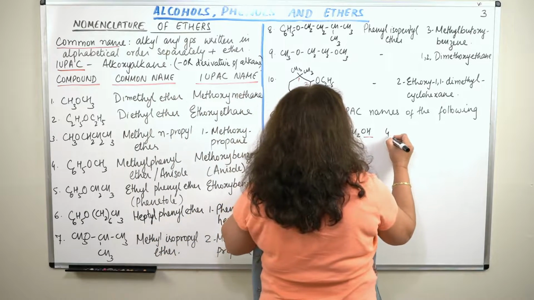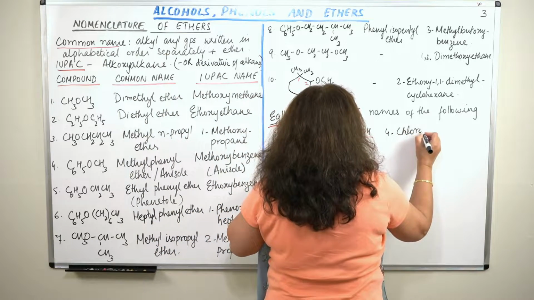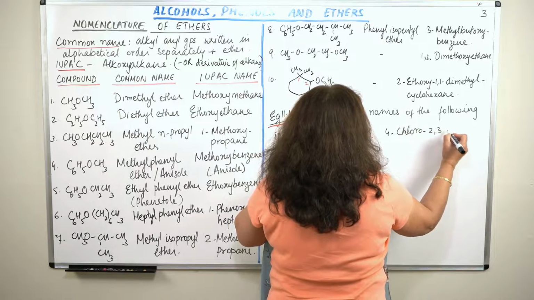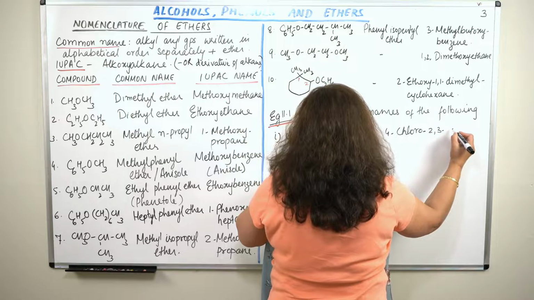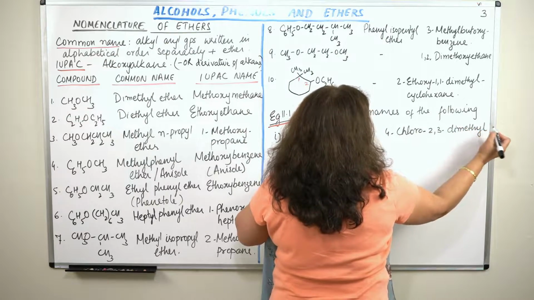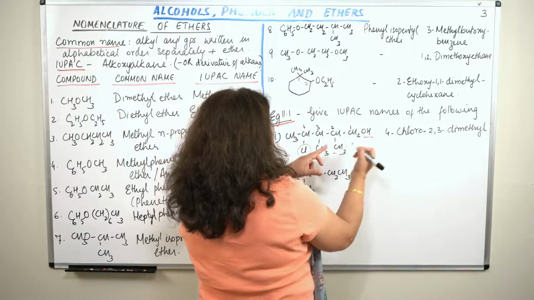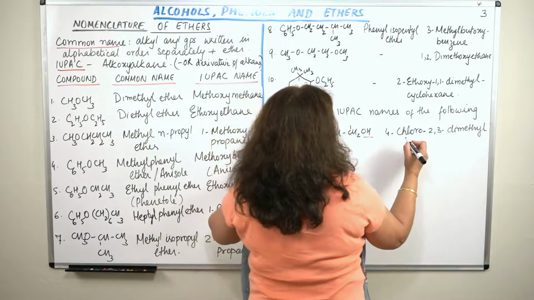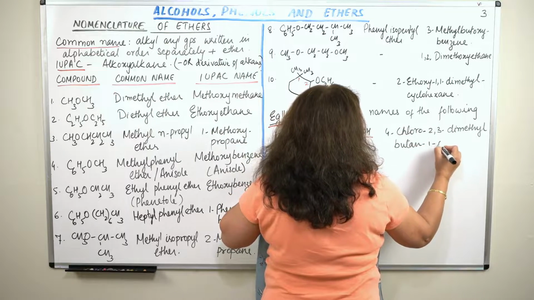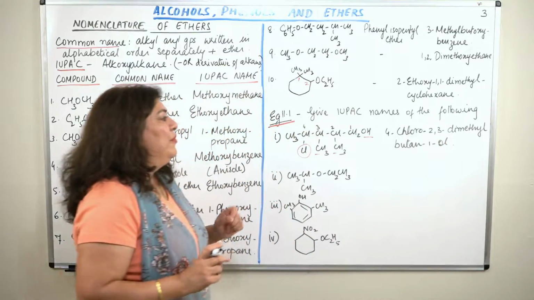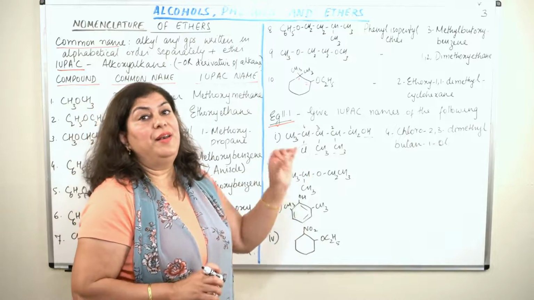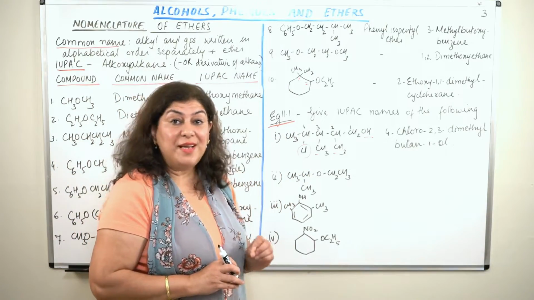So it will be 4-chloro, 2,3-dimethyl. Again, see, my space is less. I should write 1, 2, 3, 4 butane, butane-1-ol. Okay? 4-chloro-2,3-dimethylbutan-1-ol will be the name of this compound.